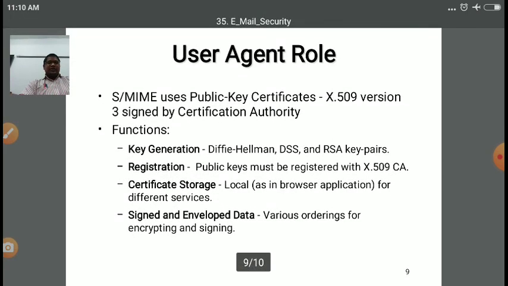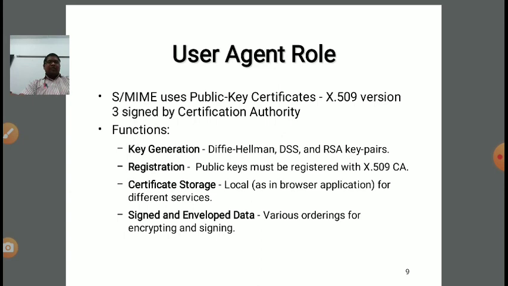Now, user agent role. S/MIME uses public key certificates like X.509 version 3, signed by a certification authority. X.509 is a standard for certificates and certification authorities. We will learn about X.509 in detail in the upcoming lectures.